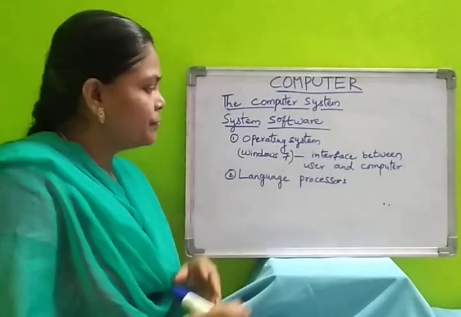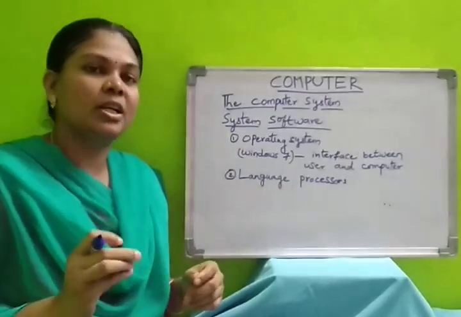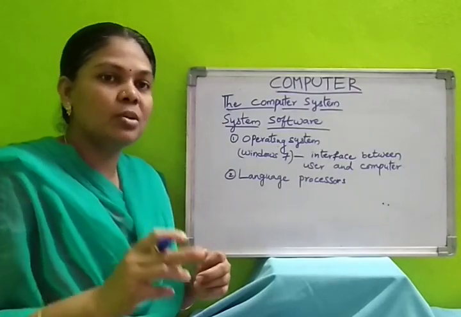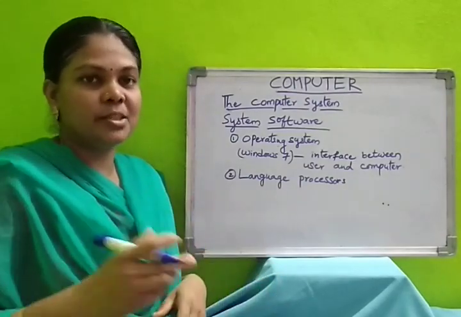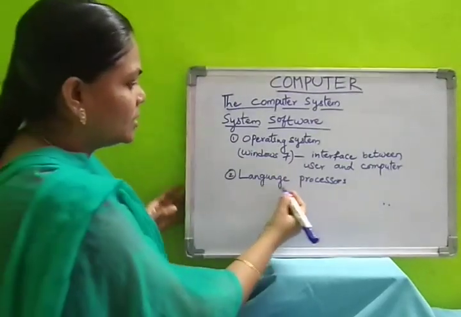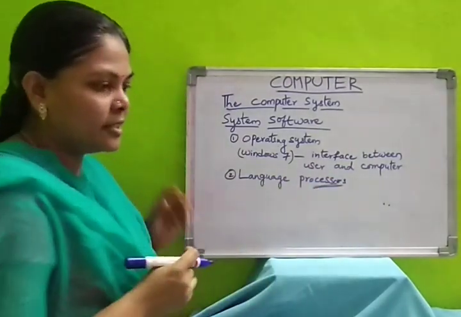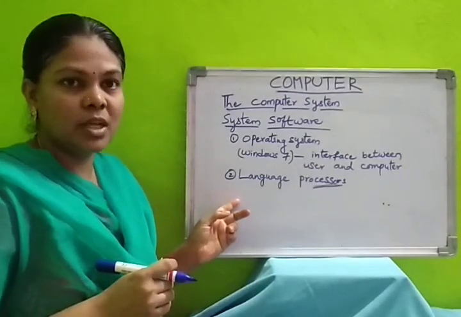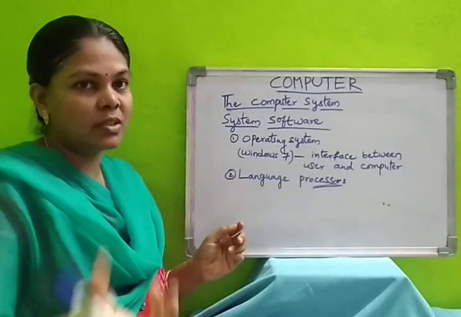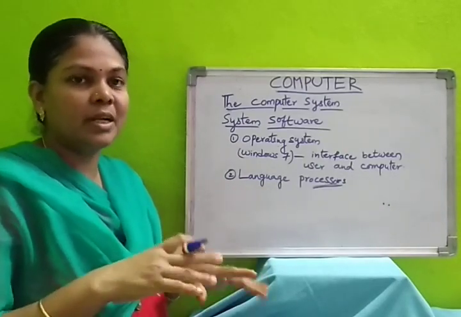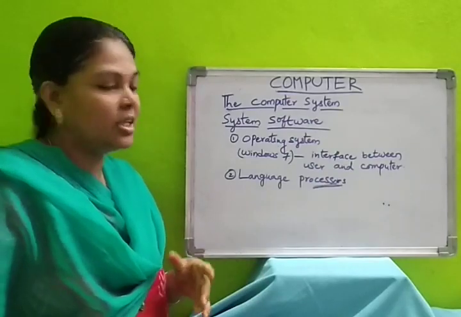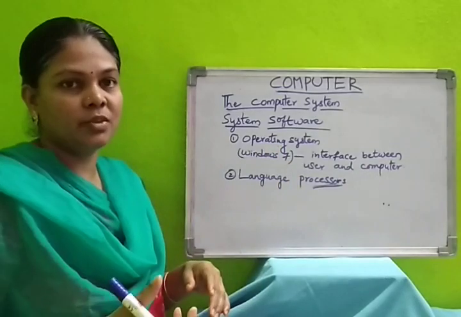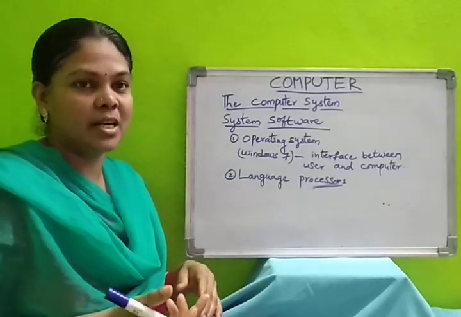Whatever information we give should be converted into machine language, and to display it, it should be converted back and displayed on the monitor. So something is needed to convert that language. From the keyboard you are typing letters and numbers. Internally it needs some processor or translator to convert your information into a machine understandable form.